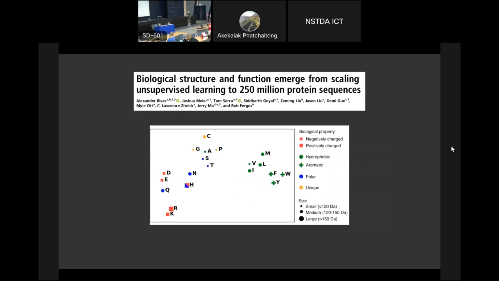So if instead of words we had amino acids, and we did this exact same thing where we assign vectors for all of our amino acids, and then we try to predict the surrounding context, or we have the surrounding context try to predict the central amino acid, the vectors for our amino acids group up.